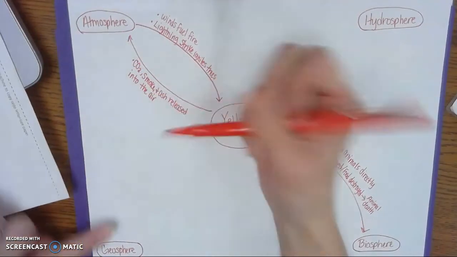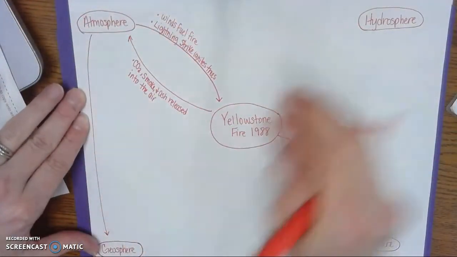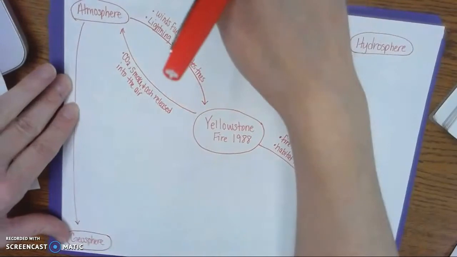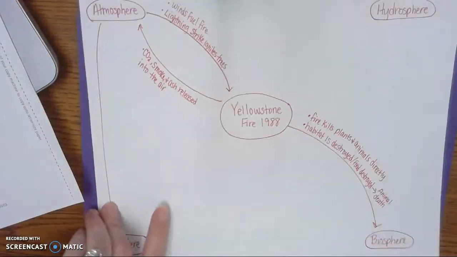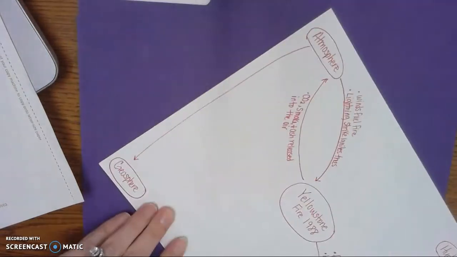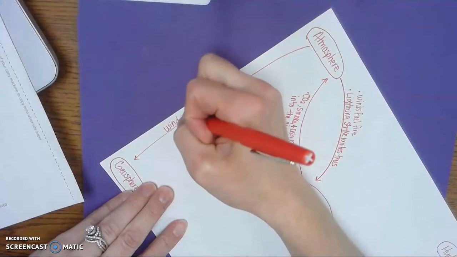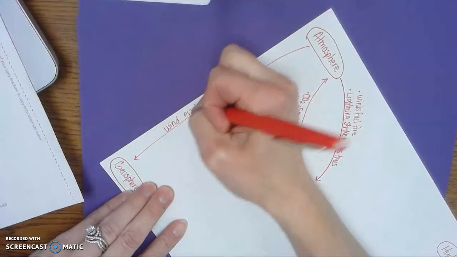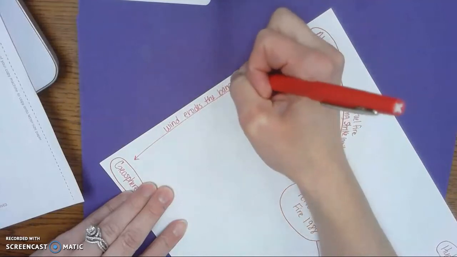So let's draw a nice arrow coming down here. And then this is where we're going to put, sorry, it's getting a little blurry here, that wind erodes the barren land.